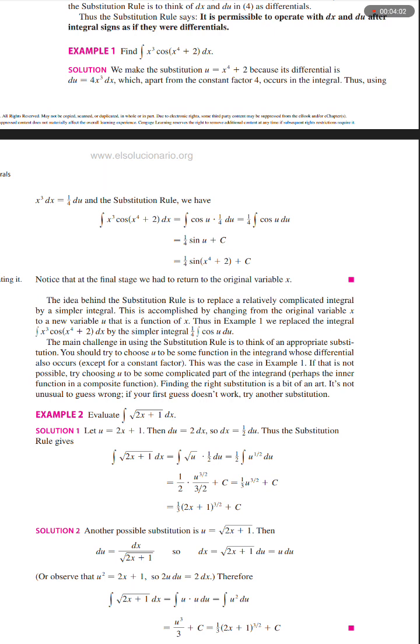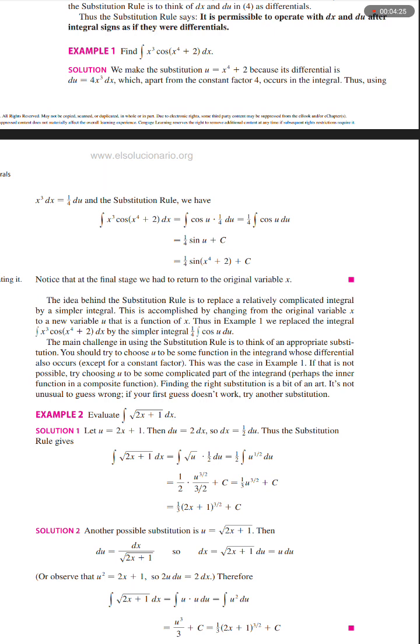The main challenge in using the substitution rule is to think of an appropriate substitution. You should try to choose u to be some function in the integrand whose differential also occurs, except for a constant factor. This was the case in example 1.